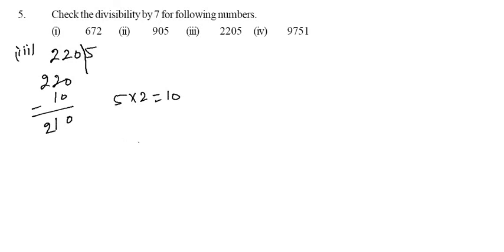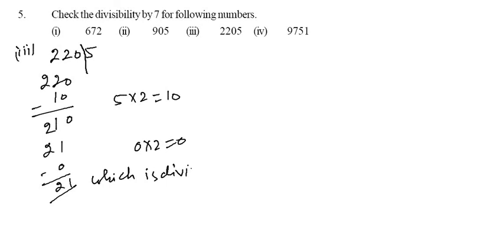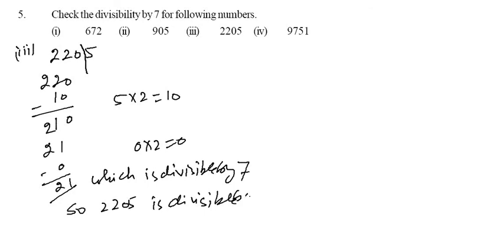Further divided into two parts: 0 into 2 is 0, and here is 21, minus 0. So we get 21, which is divisible by 7. So 2205 is divisible by 7. So that will be your answer.